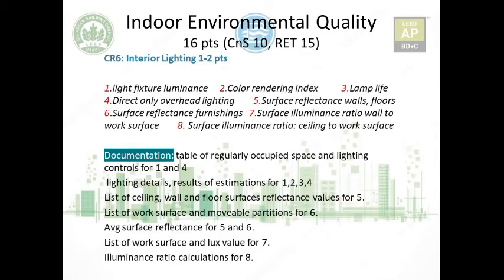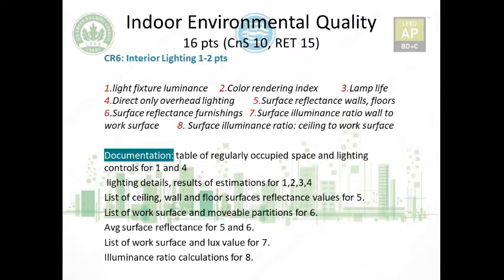Now when it comes to the documentation of option number 2, things become a little bit tricky in the sense that you have 8 strategies and different requirements for different strategies, and some documentation requirements overlap and can be submitted for more than one strategy. For example, the table of regularly occupied spaces and lighting controls can cover options 1 and 4, that is light fixture luminance and direct only overhead lighting.